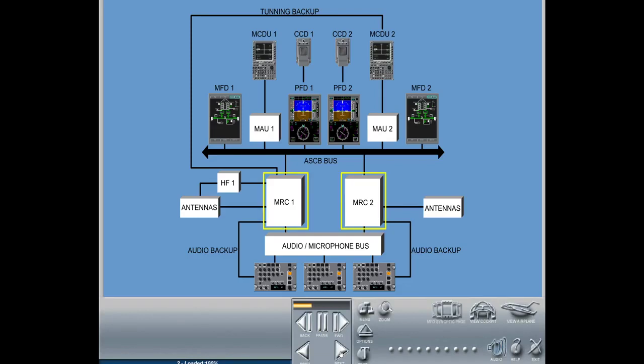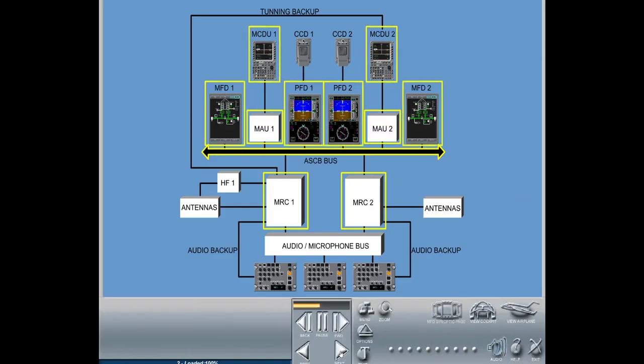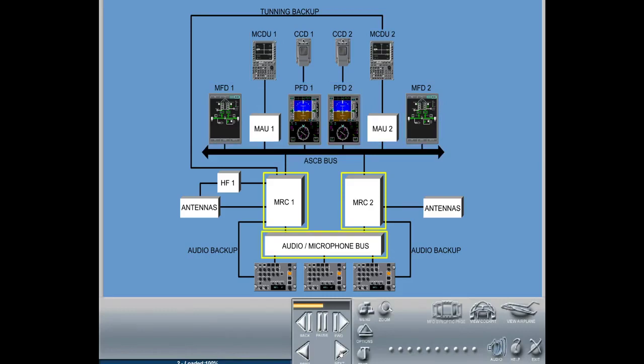The modular radio cabinets are connected via the avionics standard communication bus to the MAUs, MCDUs, display units, and other aircraft systems. Via digital audio and microphone buses, they are connected to 3 audio control panels, cockpit loudspeakers, headsets, and microphones.